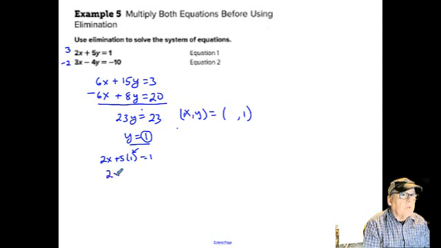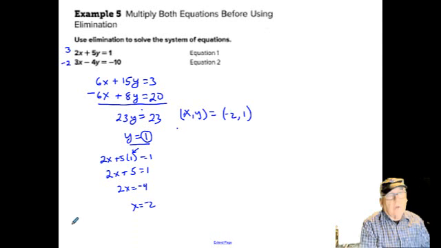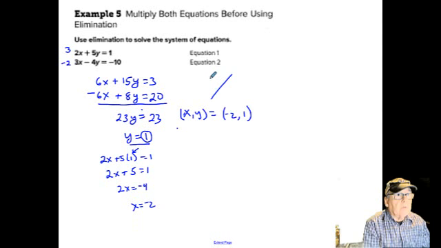So 2x plus 5 equals 1. Take away 5 from both sides. 2x equals negative 4. Divide both sides by 2. x equals negative 2. These two lines are going to cross where x is equal to negative 2 and y is equal to 1.